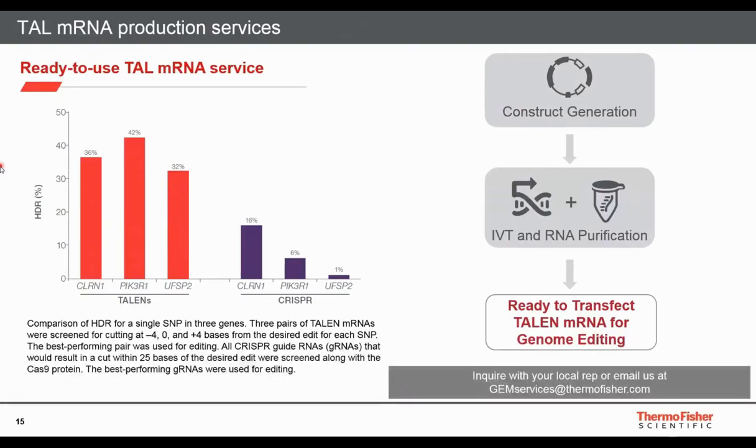The way that this works is that we will take the sequence of the genome that you're looking to edit. We will generate constructs to produce those TALENs that would cut at that specific loci. And then we will perform an in vitro transcription and RNA purification off of that plasmid construct that we make and provide ready-to-transfect TALEN mRNA for genome editing purposes.